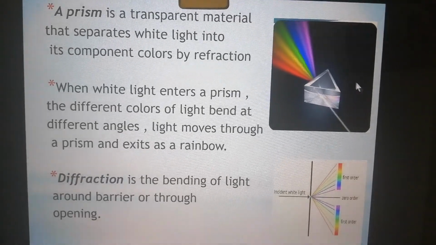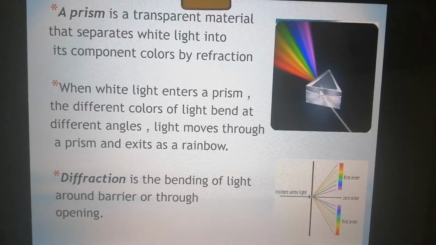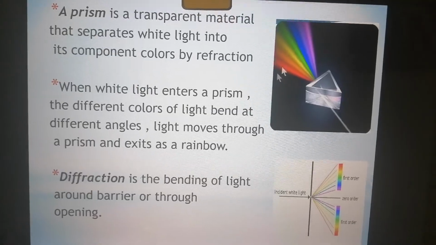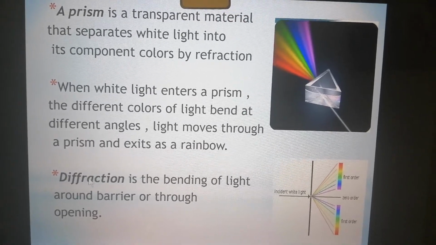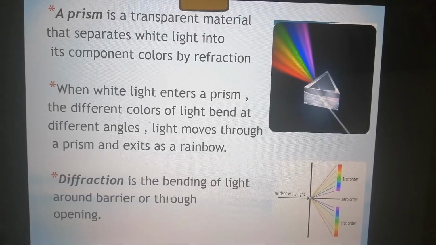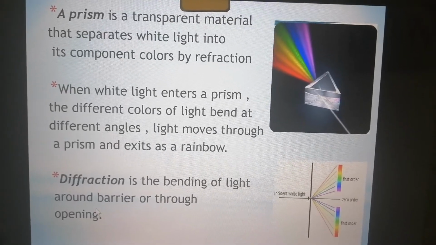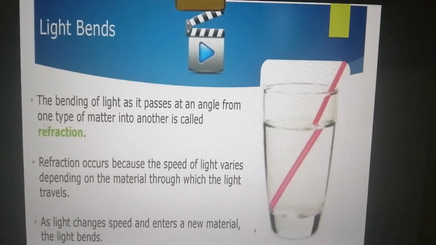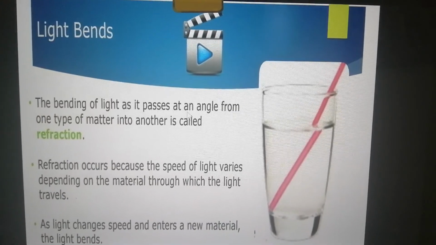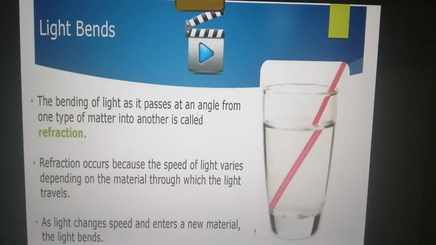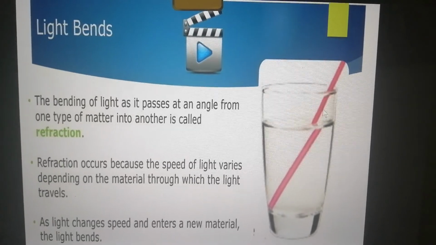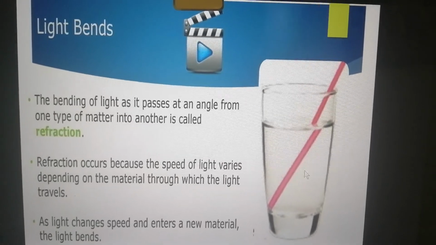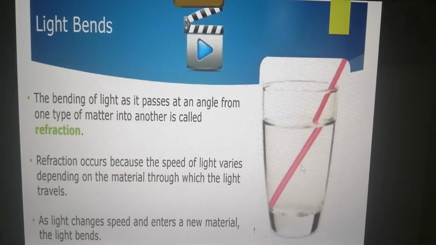What is this thing called? It's called a prism. What is this bending called? It's called diffraction. What is diffraction? The bending of light around a barrier or through an opening. What is refraction? Refraction is the bending of light as it passes at an angle, from one matter to another, from gas to liquid. It was in the air and now it's inside the water.